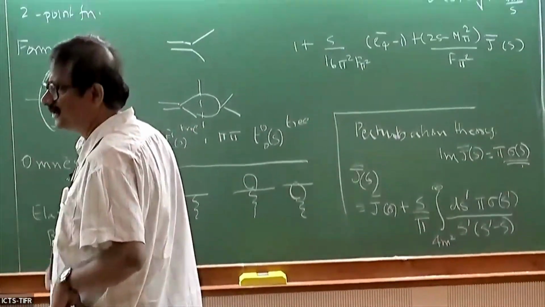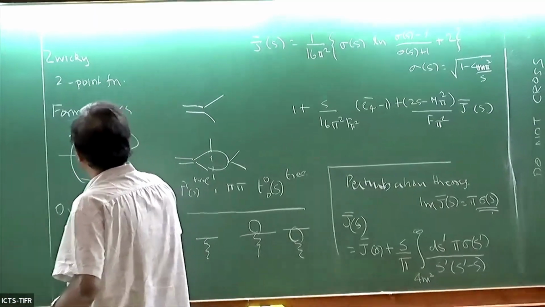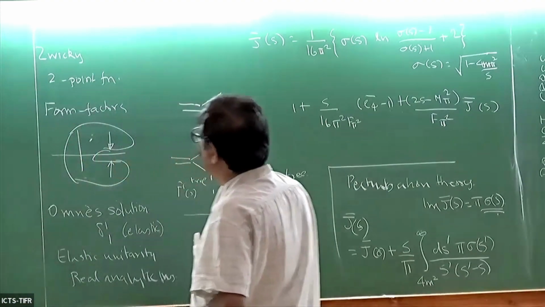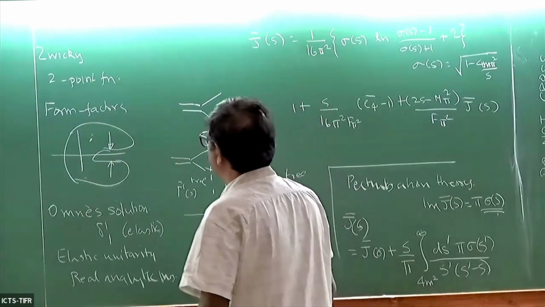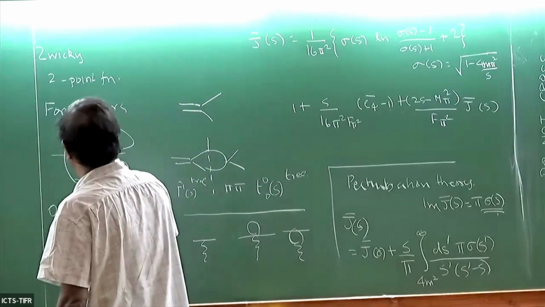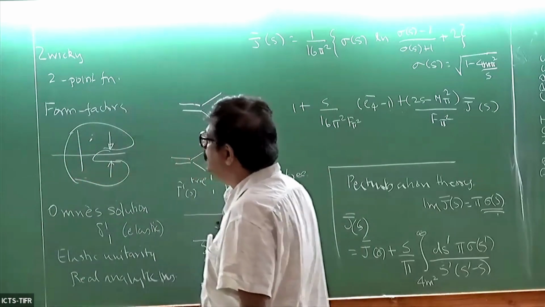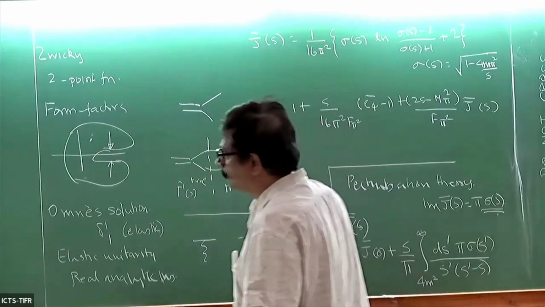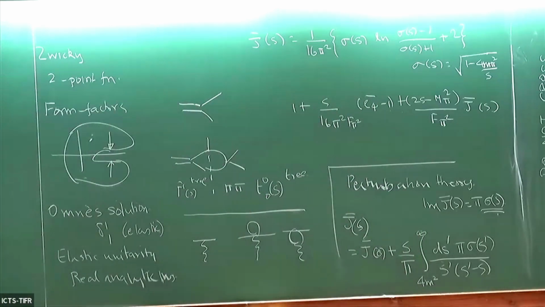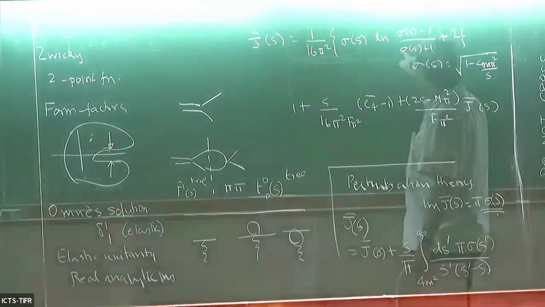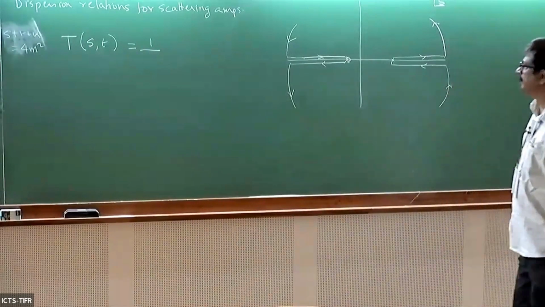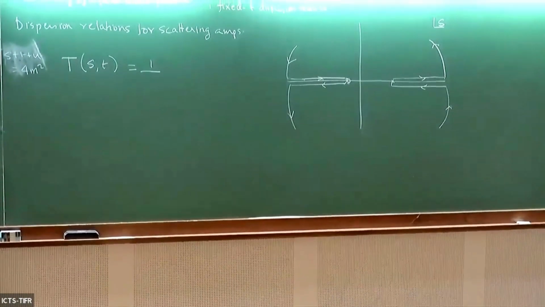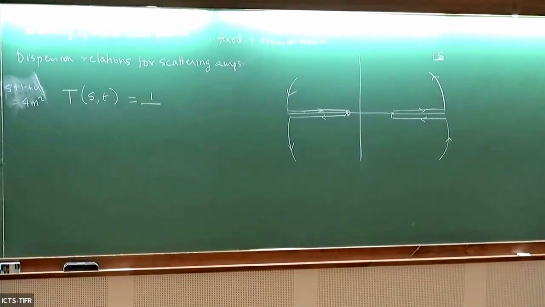So the Schwarz reflection principle requires that the domain where this function is analytic must necessarily contain a part of the real line where the function is real. And so it is for the scattering amplitude also. There's a part of the real line where the function is going to be real. So the Schwarz reflection principle holds for this also.